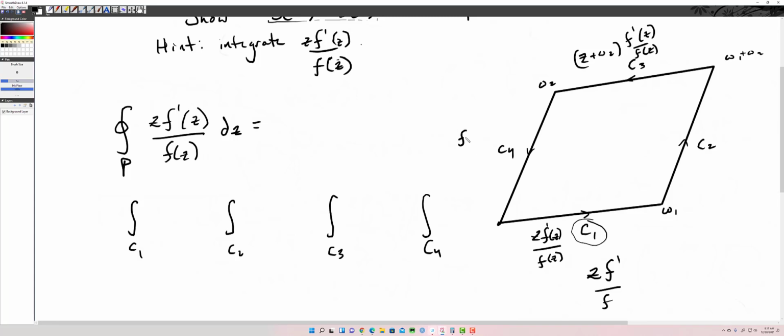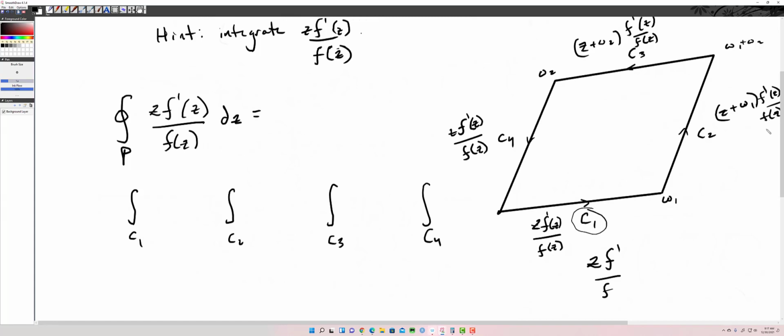For this one, what I'm going to be integrating is z f prime of z over f of z. And then over here, I'm going to be integrating z plus omega 1 f prime of z over f of z. Okay?